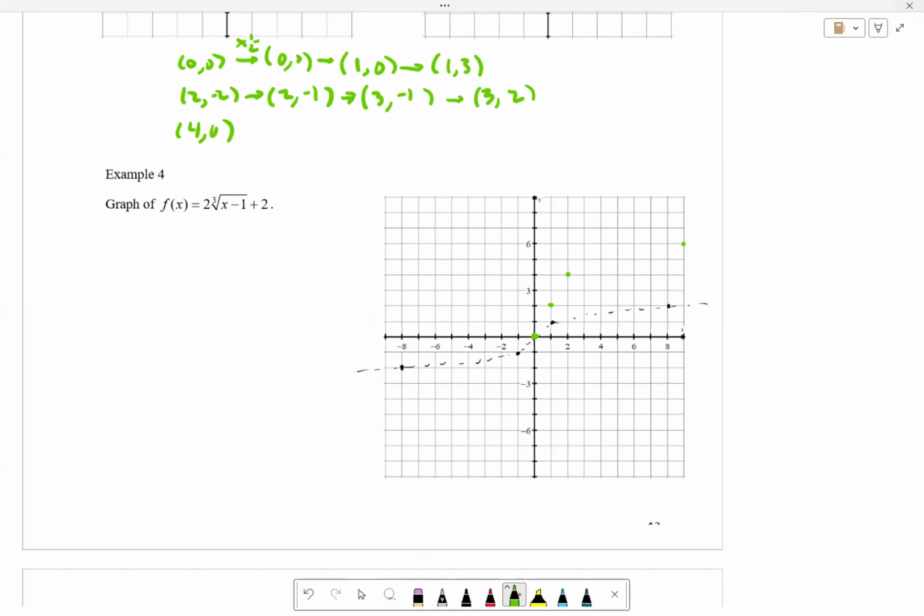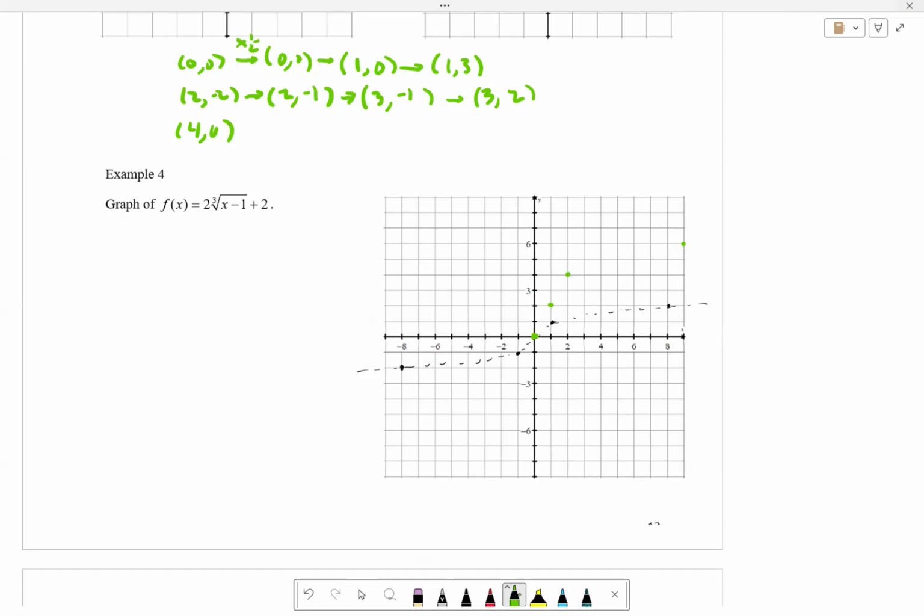And from there, we go 1 to the right and 2 up.